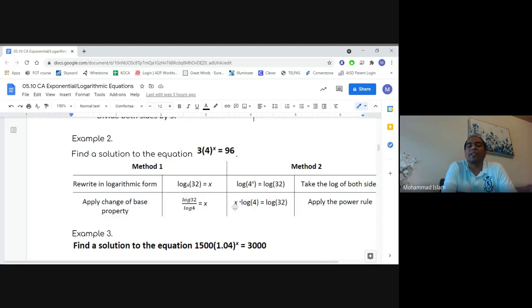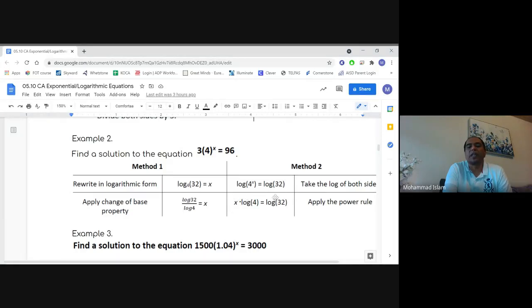And then when you have x is equal to this, in the next step, you divide both sides by log of 4. So you get the same expression as this one: x is equal to log 32 divided by log of 4. So I'll give you a few seconds to look at these two methods very closely. And depending on whatever suits you, whatever you're more comfortable with, you can use the method.